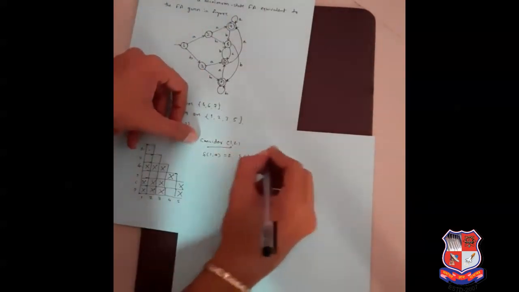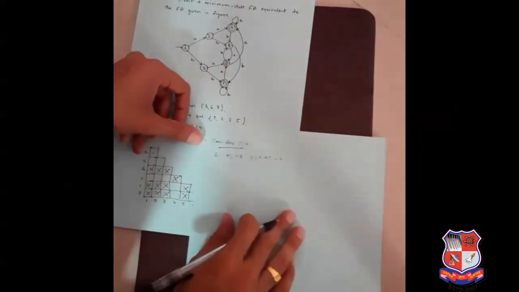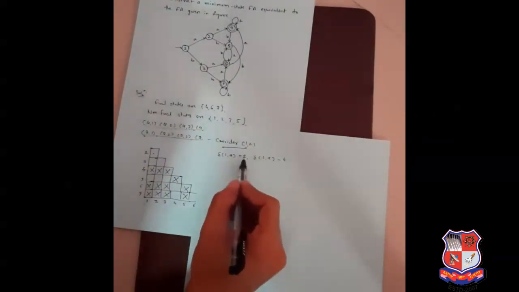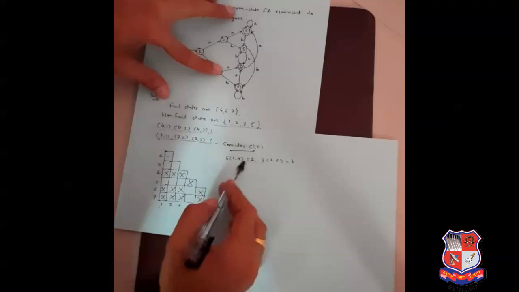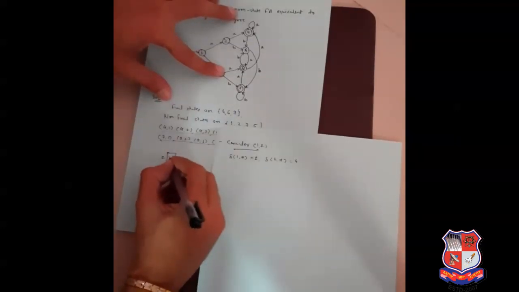So 2 comma 4, 2 4. Now check it for 2 4. If 2 4 is already marked, then we have to mark this pair. 2 4 is already marked, so we can cross 1 2 also, like this.